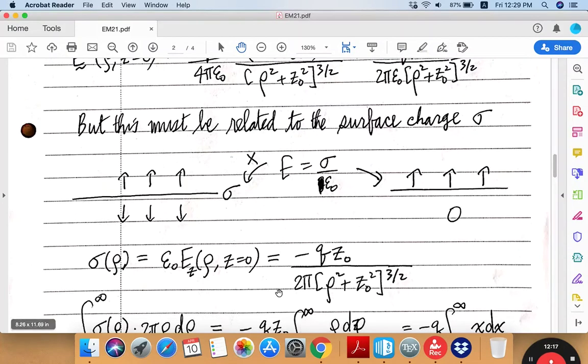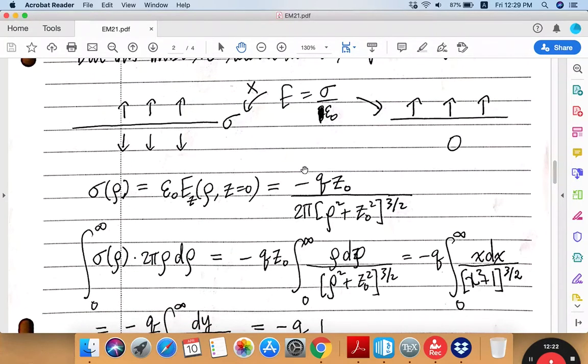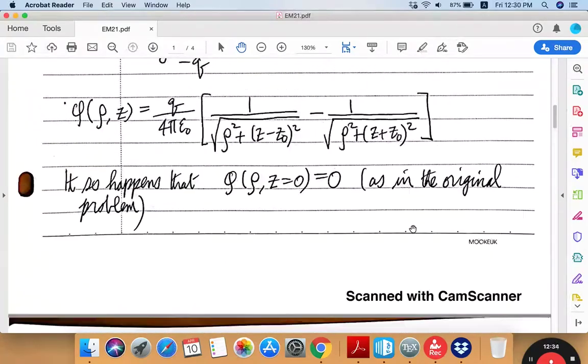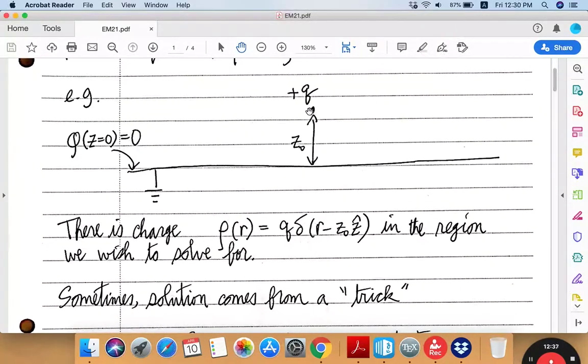Okay, so by relating this charge density to the electric field, we come up with this functional form for the charge density on the plate. So what happens is that you introduce a positive charge somewhere near the plate, and then by electrostatic attraction, some negative charges start to accumulate on this conducting plate.